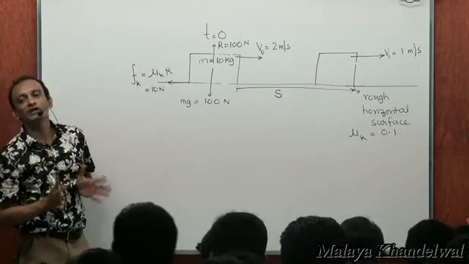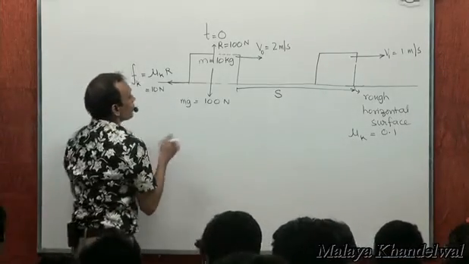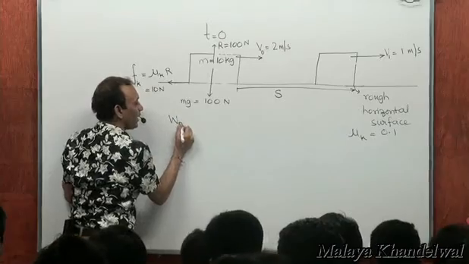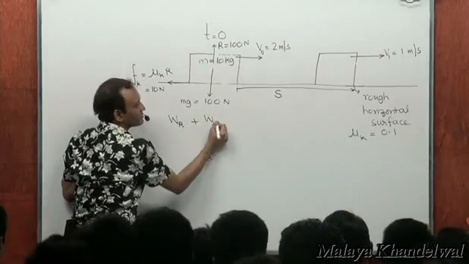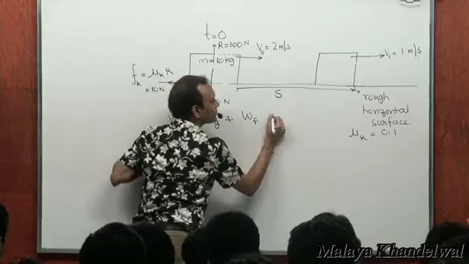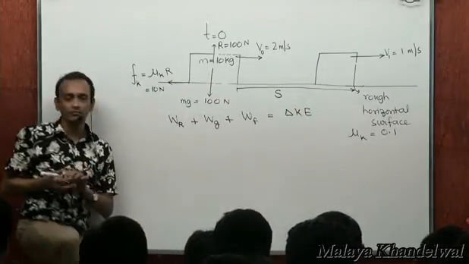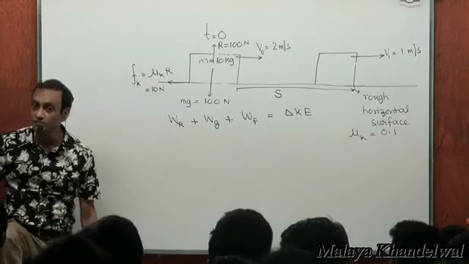I want to apply the work energy theorem to this situation. Now, essentially we have work done by R, work done by gravity, plus work done by friction. That must be the change of kinetic energy, a consequence of the classical work energy theorem. These are the three forces acting.